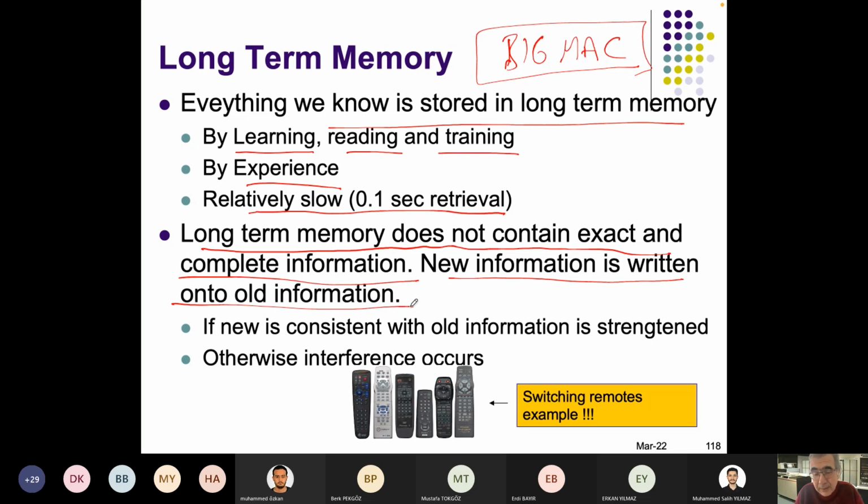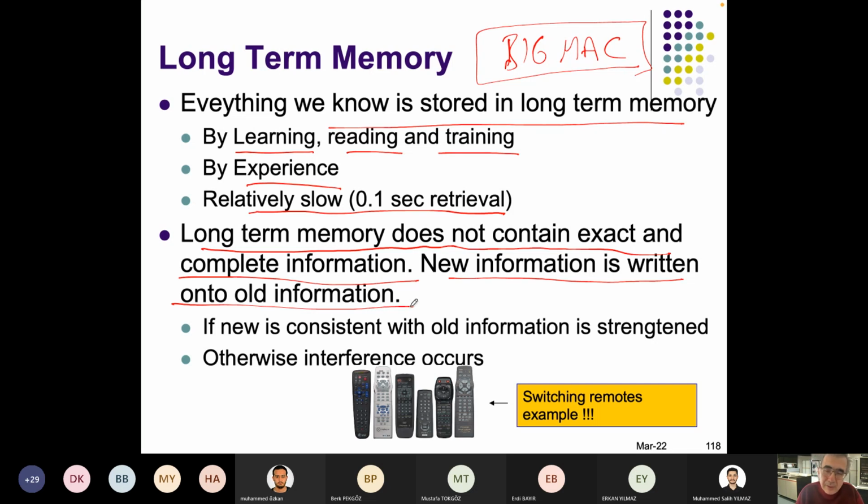But if the new information is not in the same direction as the old information, then the weight of the neuron goes to 0, or maybe to the negative side.